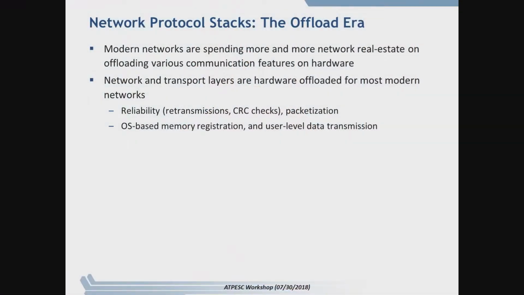So when we think about HPC systems of today, we think about how we're now able to offload some of this traditionally host-centric network protocol work to the network hardware itself. Today, modern networks are spending more and more of their chip real estate offloading these various communication features. So things like reliability and packetization happen in hardware, on the network hardware as opposed to the CPU.